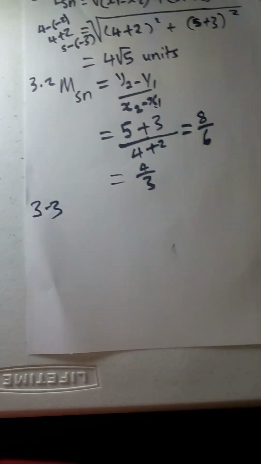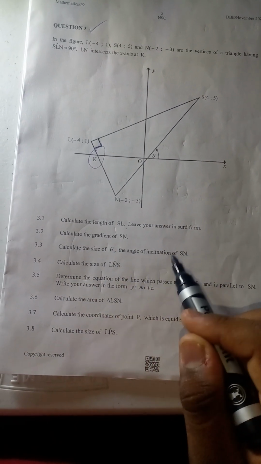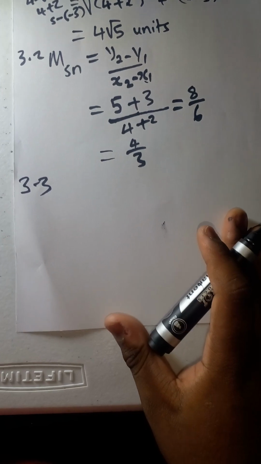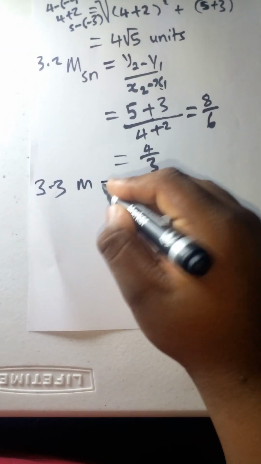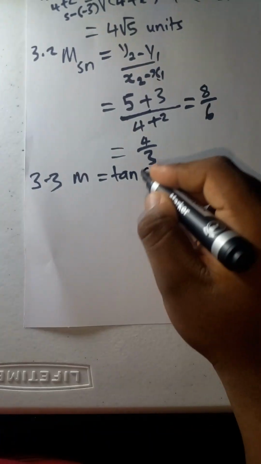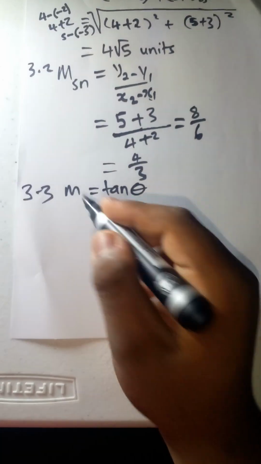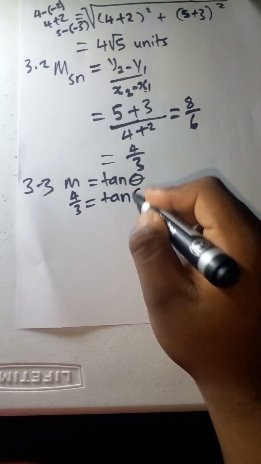Okay, now let's go to the next one, 3.3. 3.3 says: calculate theta, the angle of inclination of SN. The formula for angle of inclination is m equals tan theta. But you already have the gradient for SN, which is 4 over 3, equal to tan theta.